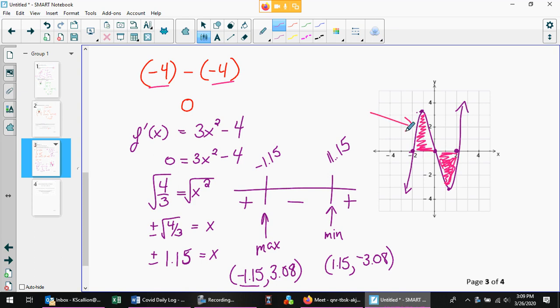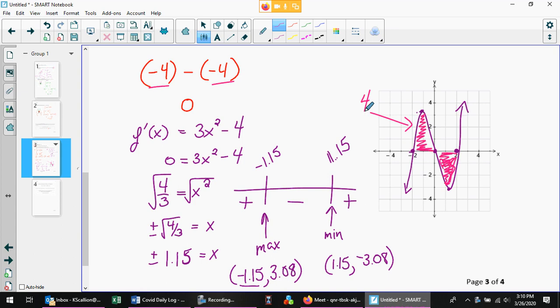Well, the total area is 0 if we're treating one as positive and one as negative, right? But drop the negatives on it. So what's the area of the upper one? It's got to be 4 because both of them are negative 4, but we're dropping the negatives. So it would be 4 here.